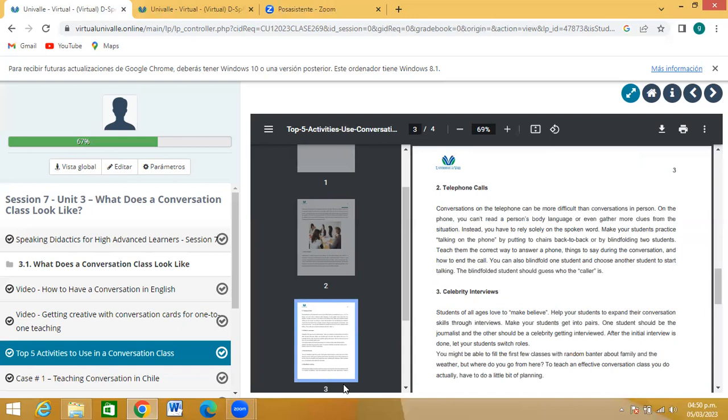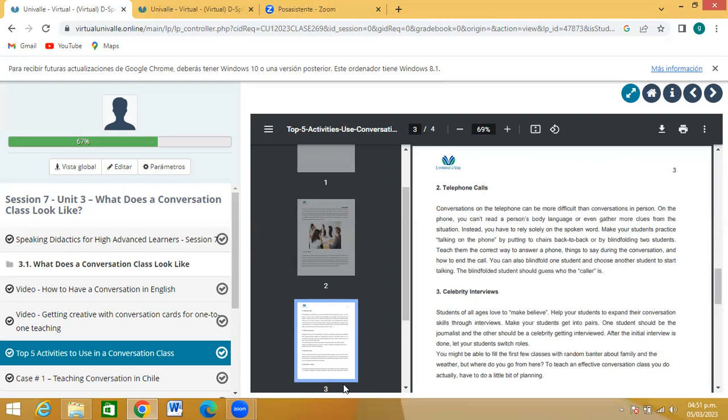If you're using, for example, WhatsApp, when you make a phone call by WhatsApp, the connection, the noise that you can hear. In person, you can read a person's body language or even gather more clues from the situation. On the phone, obviously not. You only hear his or her voice, but you are not seeing if that person is using body language. Instead, you have to rely solely on the spoken word.